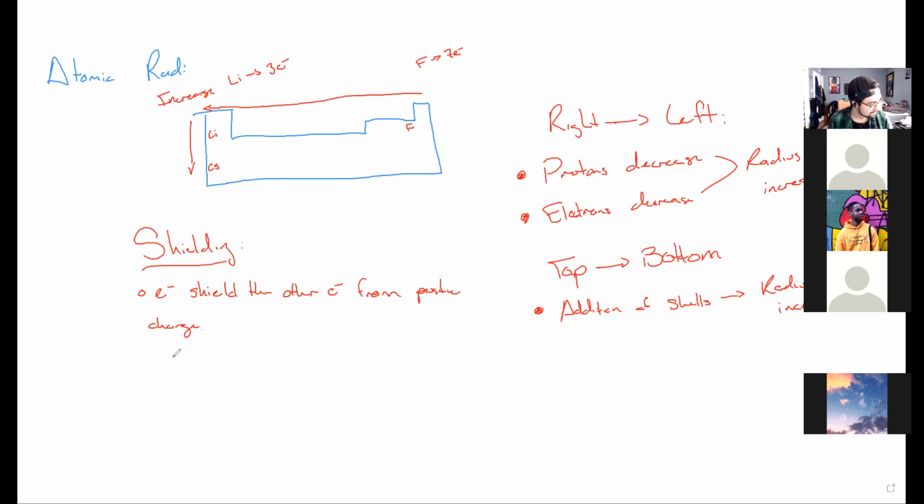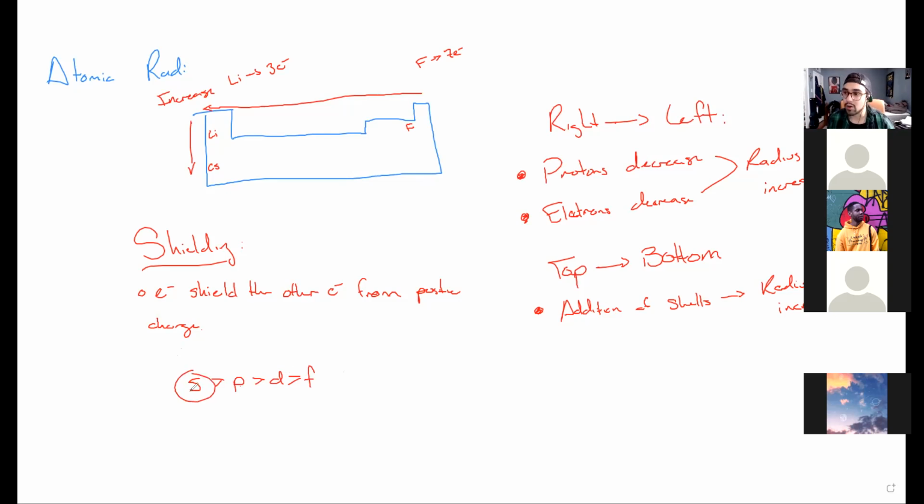The f? Actually, no. The s orbital. F is the worst, actually. Shielding decreases as you change orbitals. The s orbital is much better than the p, the p orbital is much better than the d, and the d orbital is much better than the f.